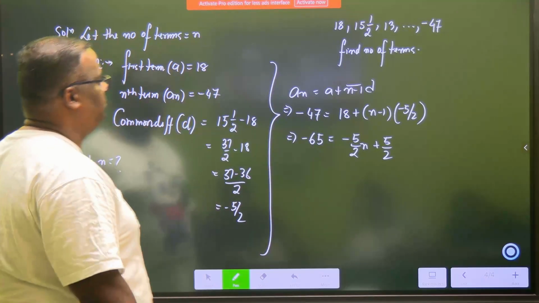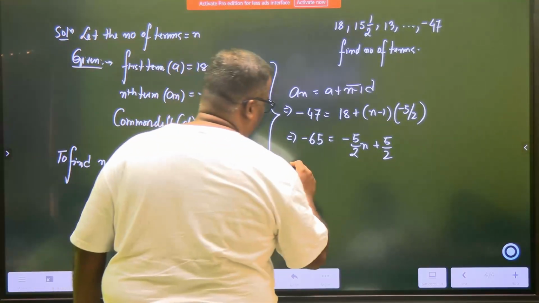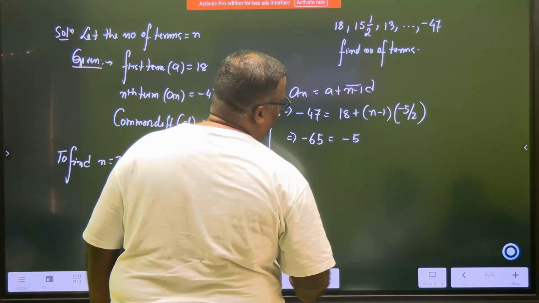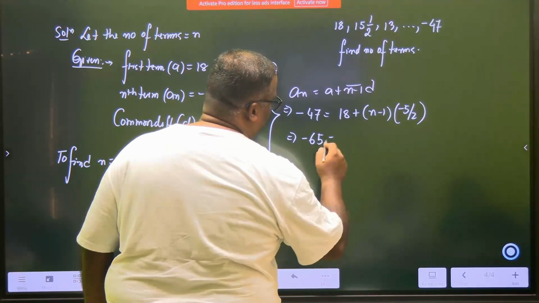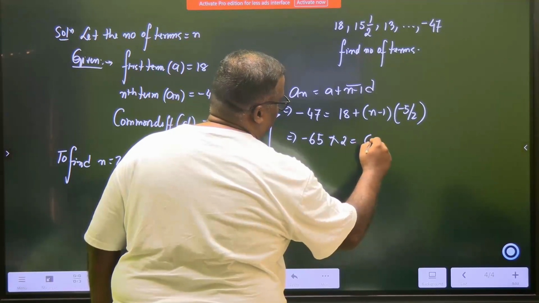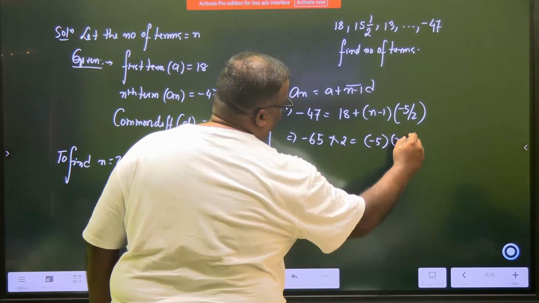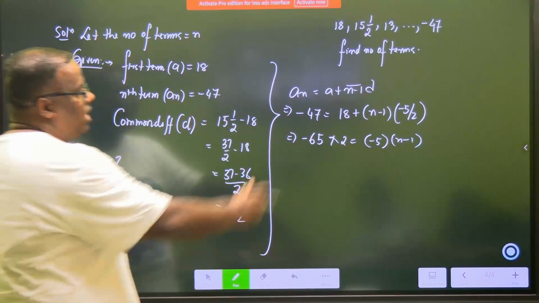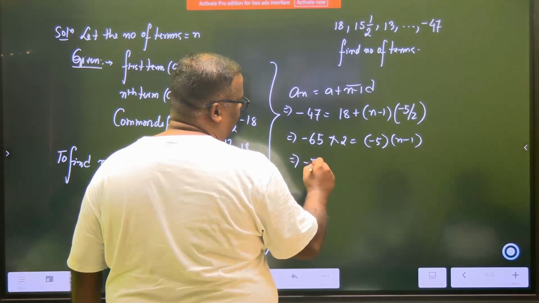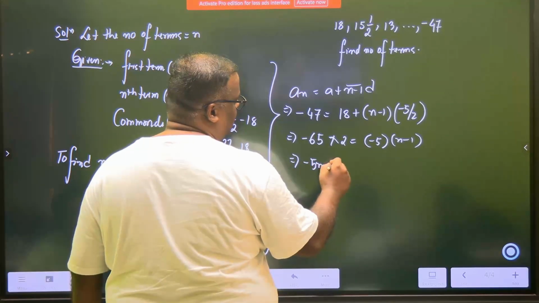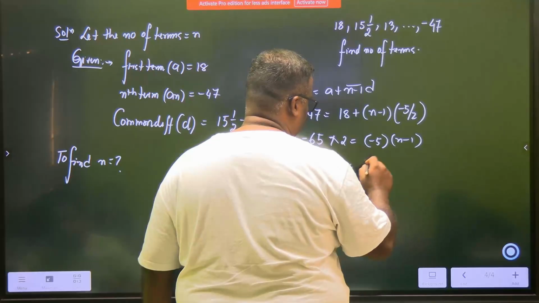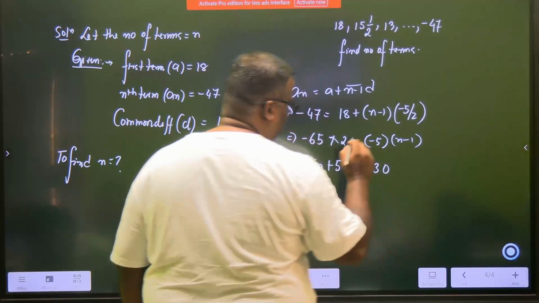Clear? Or you can make it further simplified. Rather than doing this, you straight away multiply the 2 with this side. So this multiplied by the 2 gives negative 5 into n minus 1. 2 has been multiplied now because the 18 is already gone, right? So negative 5n plus 5 should be equal to negative 130.